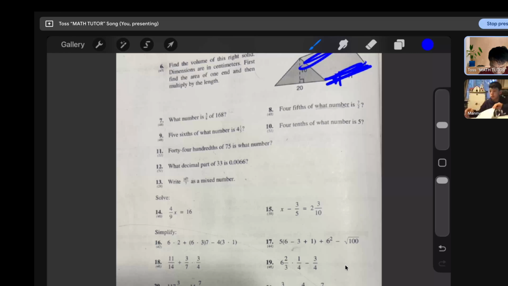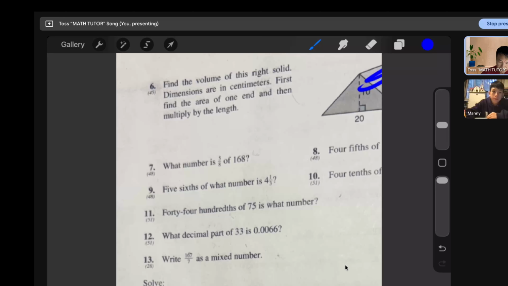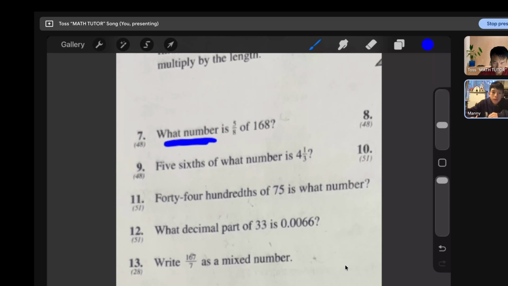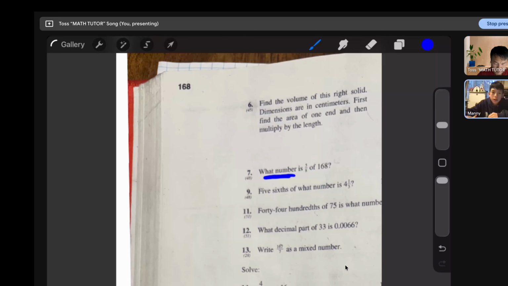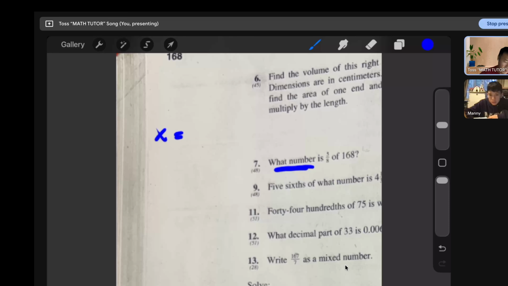Okay. Now let's have a look at this here. I believe you're pretty good with these ones. Tell me how to do number 7. So if it's what number is 5/8 of 168, x equals 5/8 times 168 over 1. Good job. Now, if you're my other student who are not at this level, they would actually do division. But let's do it the way you said it.